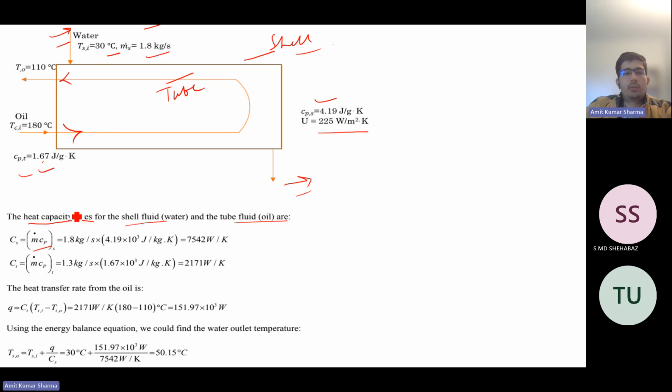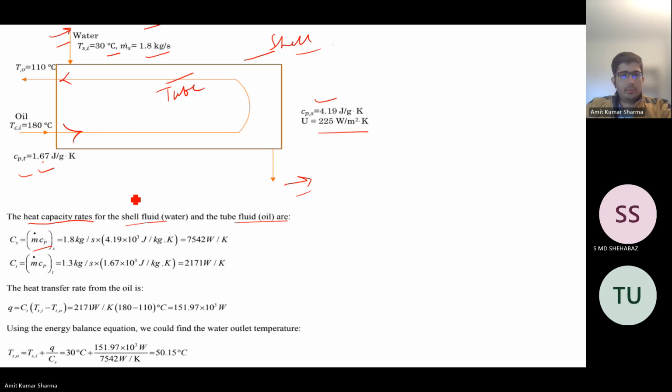Always try to use the units also, because suppose the flow rate is in gram per second and you directly put 1.8, then your answer will be wrong, and maybe it will be in kilojoule. So always make the units consistent, the unit balance is very important.